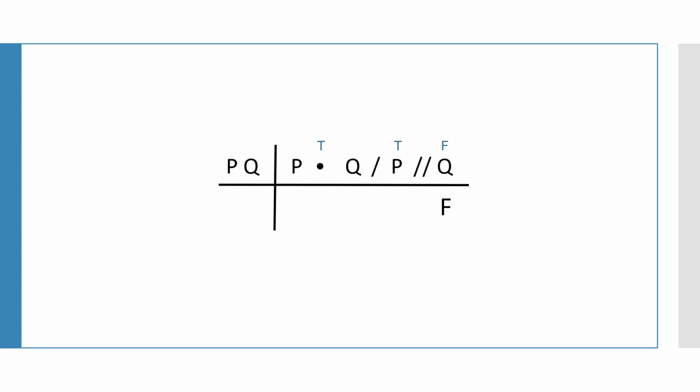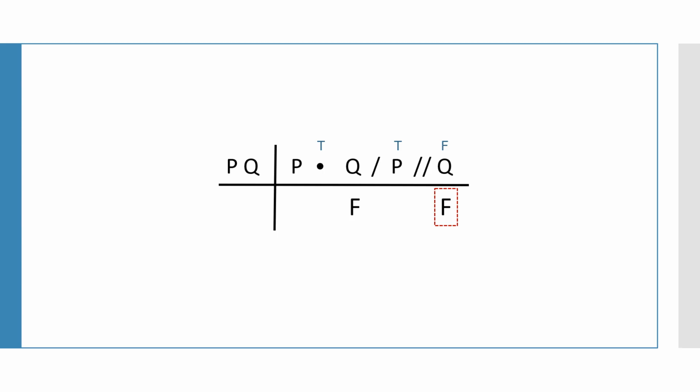Now, very easily, we can deal with our conclusion first. Q would have to be false in order to get a false conclusion. Since the only thing that is our conclusion is the variable Q, and since we want to make our conclusion false, then Q has to be false. And so we can ascribe the value of false to the letter Q. And then we can just start running through the rest of the argument.